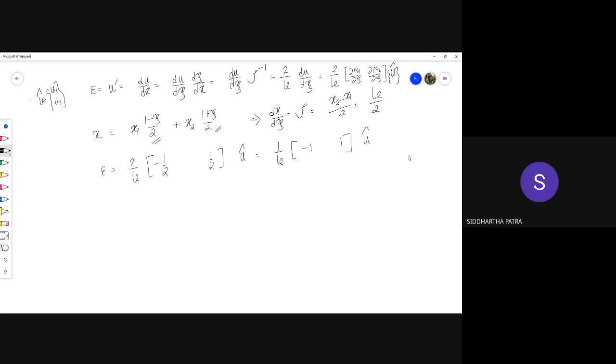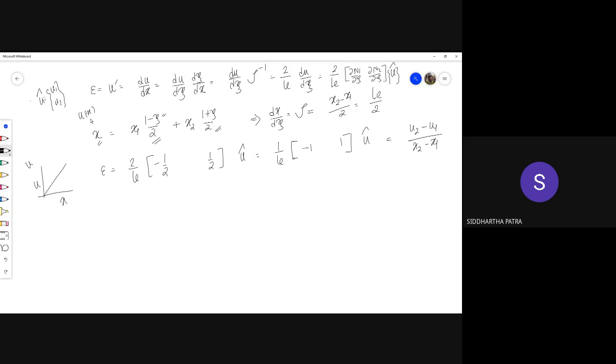If you really think about it, this is telling you this is u2 minus u1 divided by x2 minus x1. Indeed, u changes linearly along the coordinate, that's what is assumed. x is a linear function of xi and u is a linear function of xi, which means u is a linear function of x.